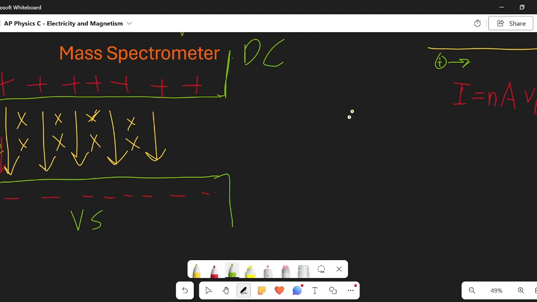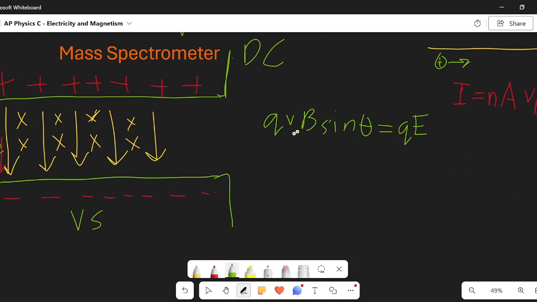If we derive an equation for this, we have that vB sine theta must be equal to qE, because only then will it actually pass through the mass spectrometer.